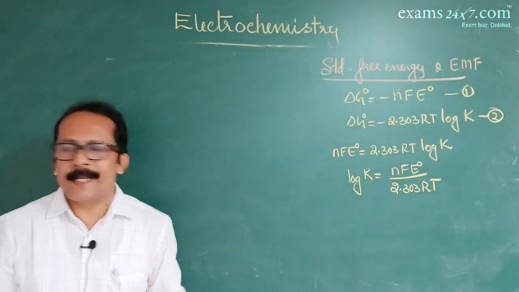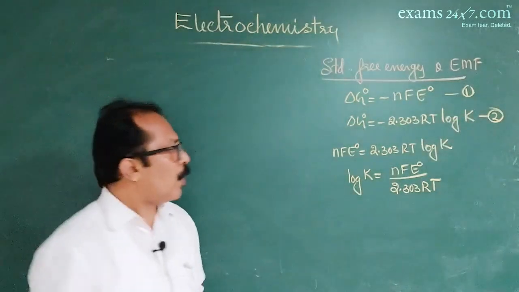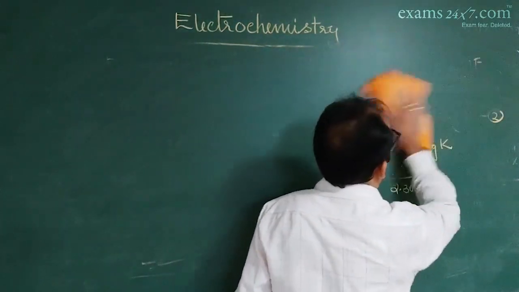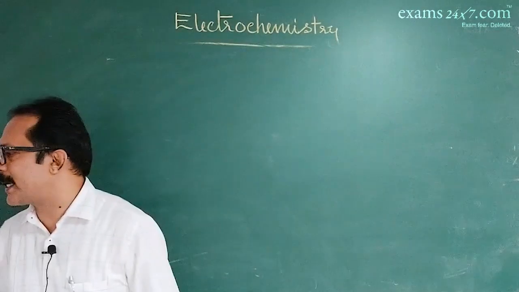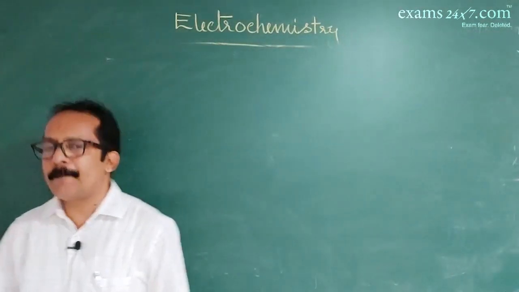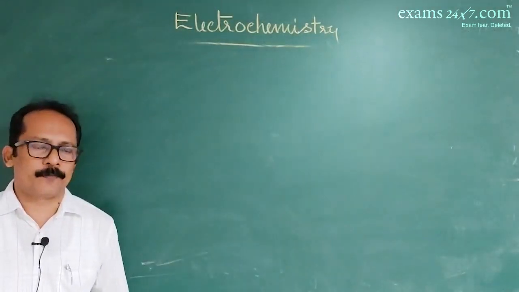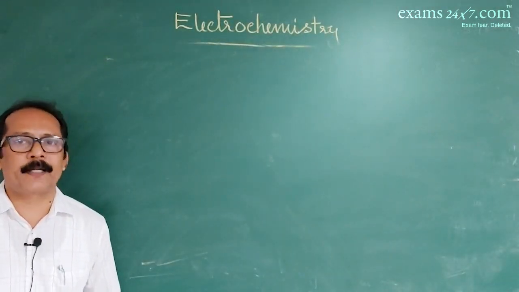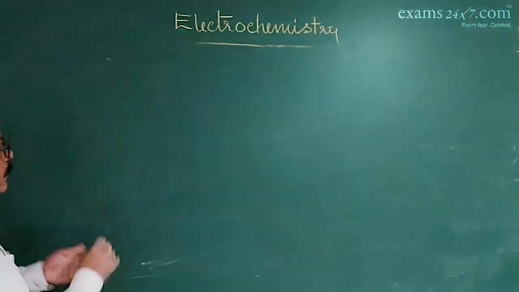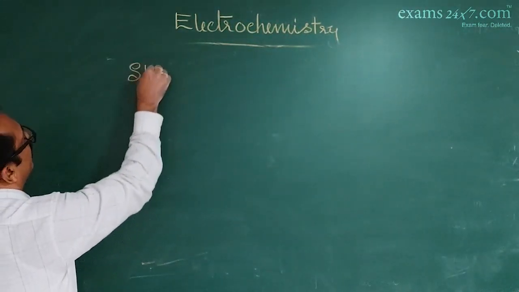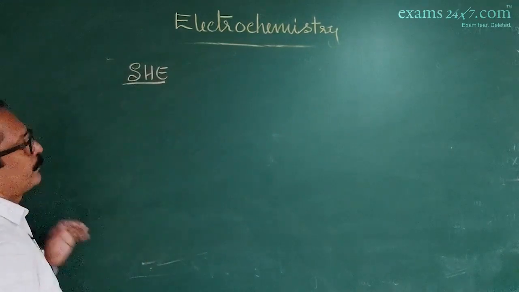Next is about the standard hydrogen electrode. When pure hydrogen gas is passed through a 1 molar solution of hydrochloric acid in the presence of an inert metal like platinum at 1 bar pressure, that forms the standard hydrogen electrode.